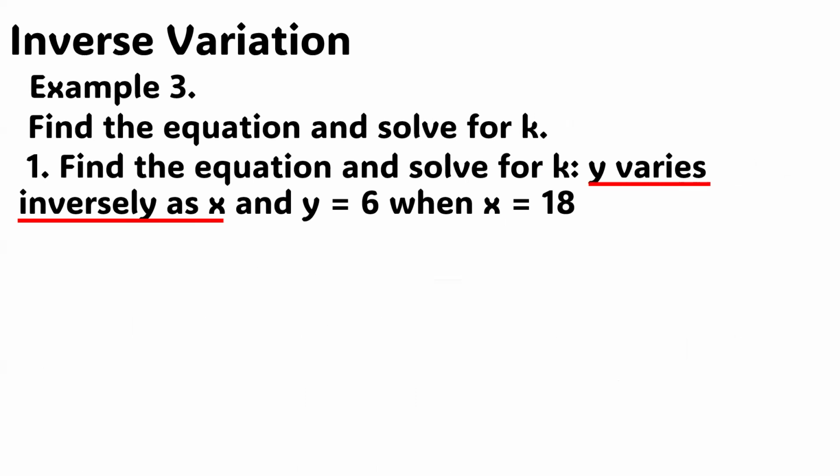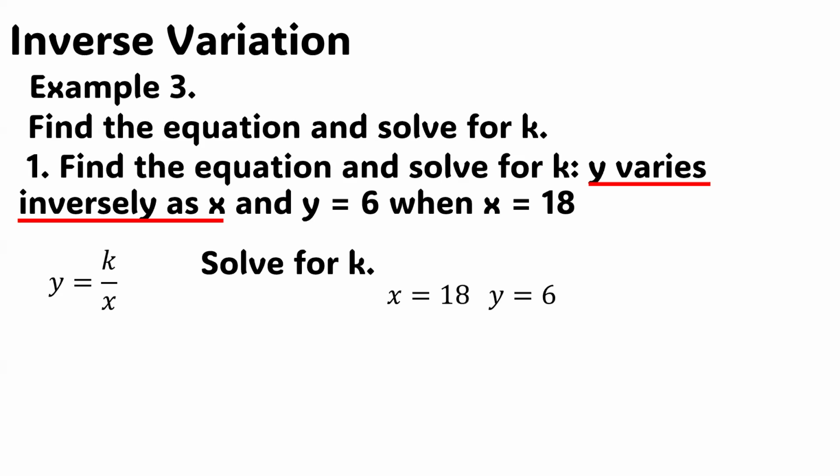Y varies inversely as X. So meaning this is Y is equal to K over X. And we need to solve for the value of K. Since ang ating equation dito will be K is equal to Y times X. But take note that nilagay ko na yung ating X and Y serve as the value para makita natin si K. So K is equal to X times Y, where X is equal to 18, Y is equal to 6.